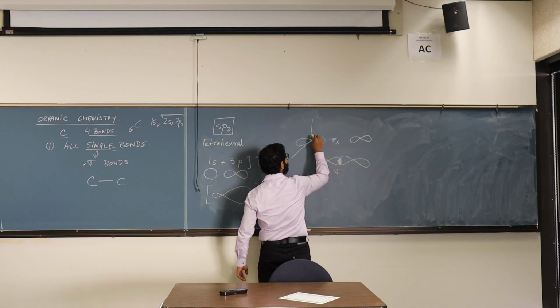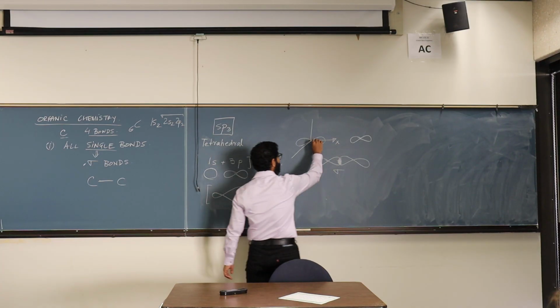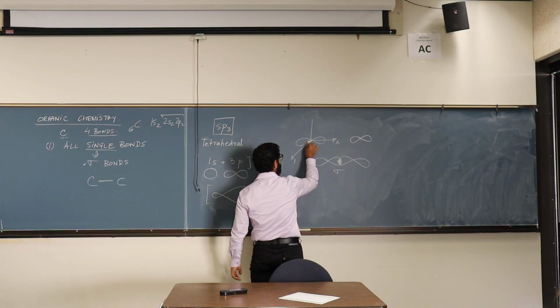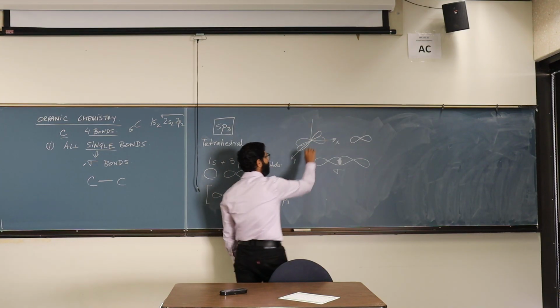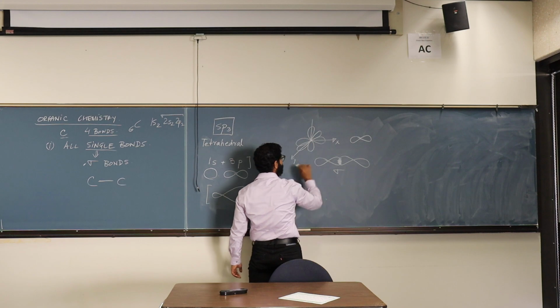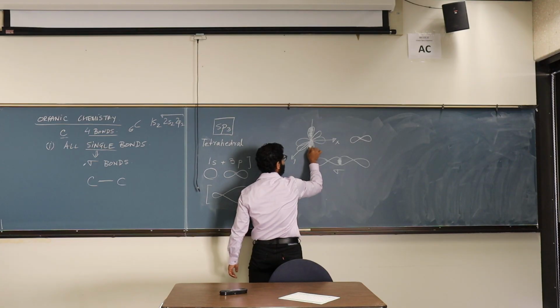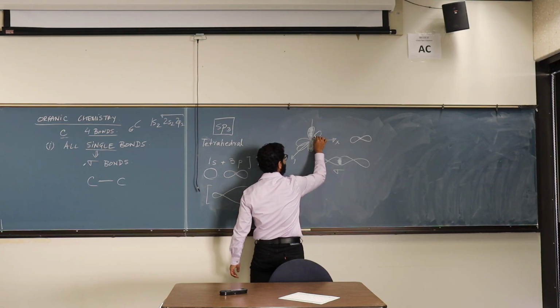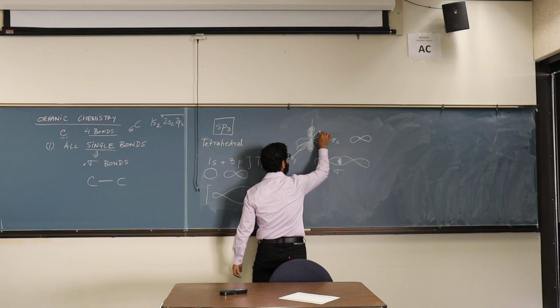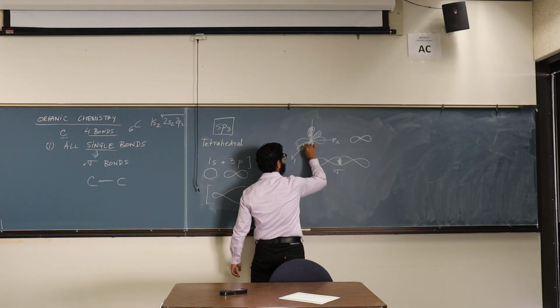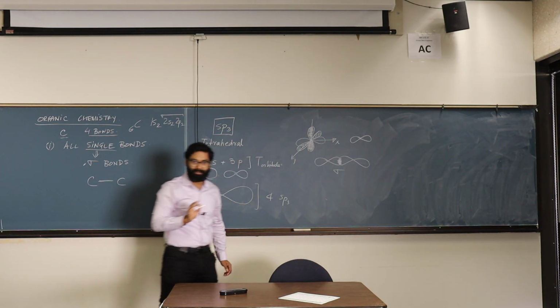You can have a px, you can also have a py, you can also have a pz. So 3 types of orbitals.